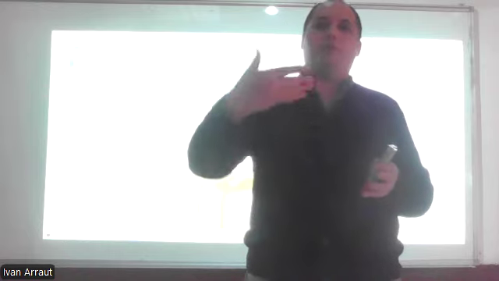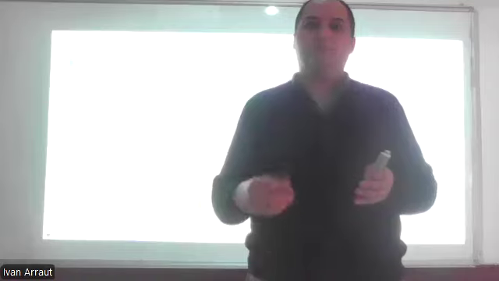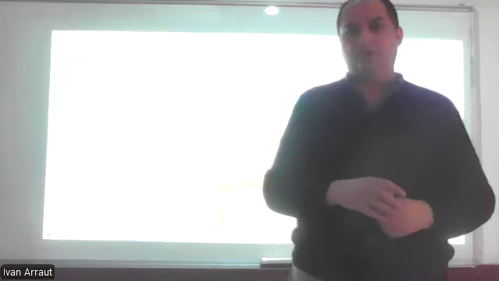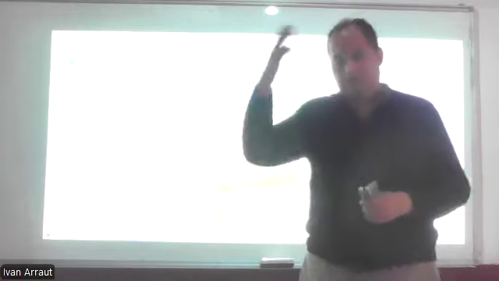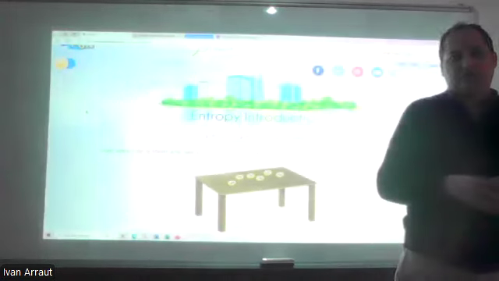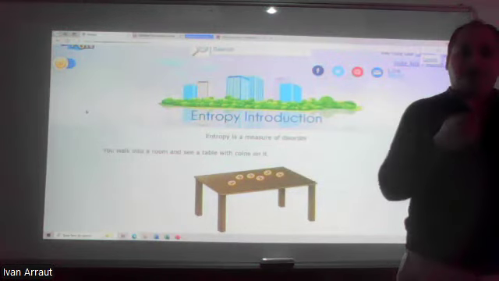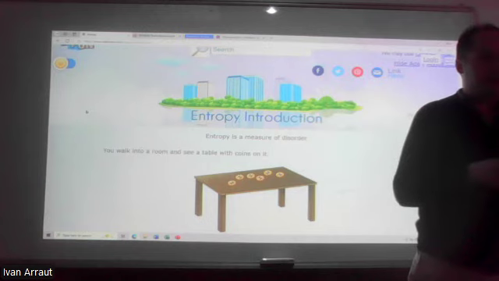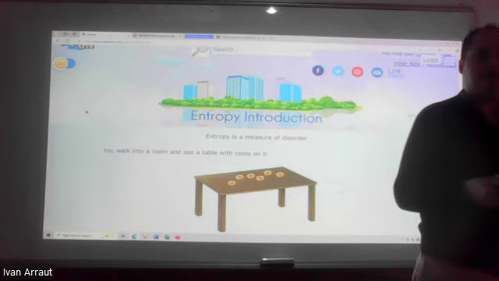Let's assume that I open the box. What will happen? That particle, or all the particles, will start to move freely in the room, spontaneously. So we say the process spontaneously increases entropy. What does entropy measure in that case?